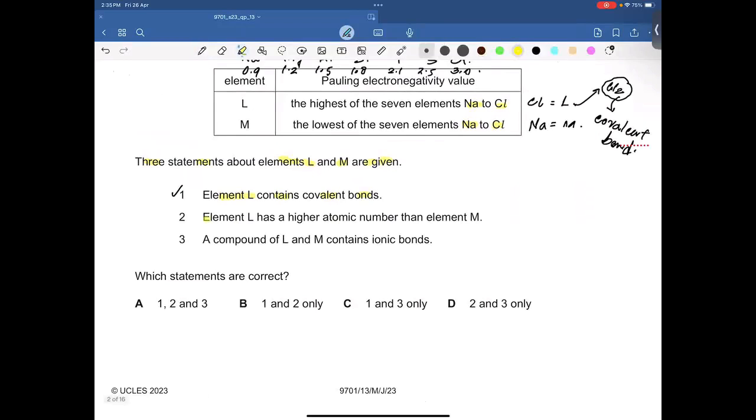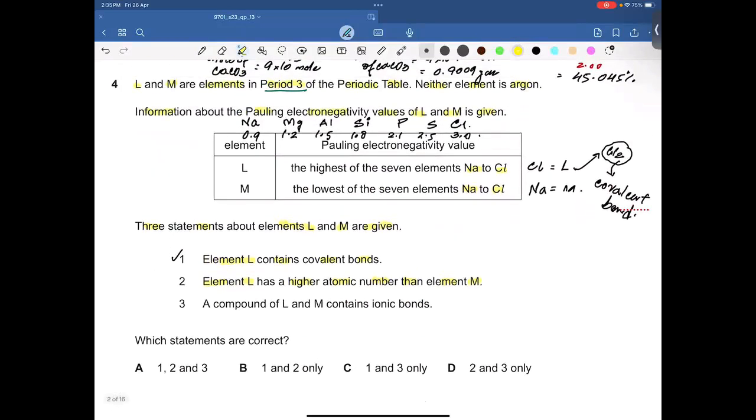Now the next statement is element L has a higher atomic number than element M. That's also true because chlorine has an atomic number of 17, whereas sodium has an atomic number of 11. By the way, atomic number and proton number is the same thing. So second statement is also right.